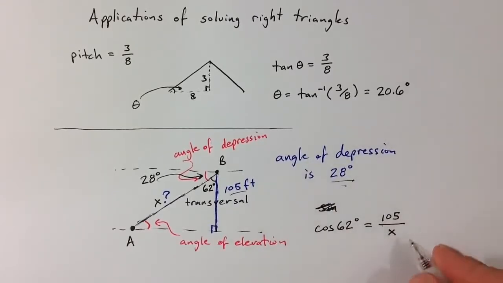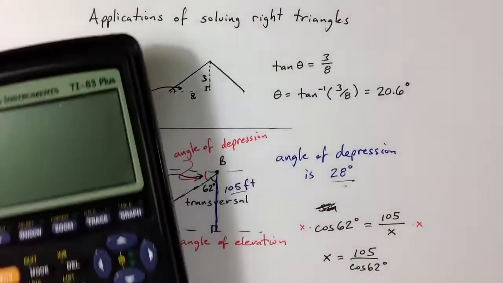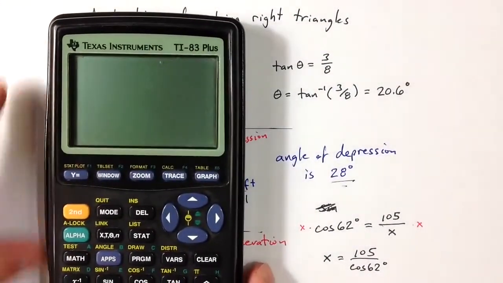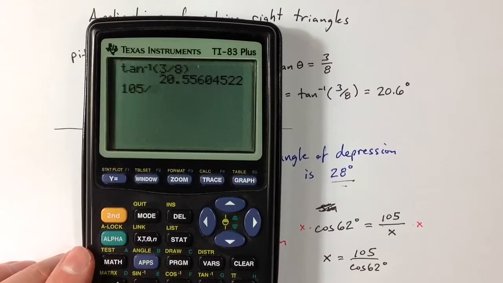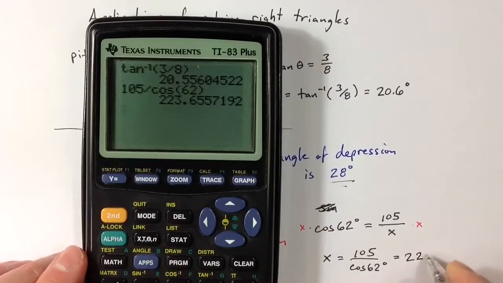Then solving for x, I can multiply both sides by x, and then divide by cosine of 62, to figure out what the value of x should be. Let's enter that into the calculator and see what we end up with. If I take 105 divided by cosine of 62 degrees, we see that the value is 223.7 feet.